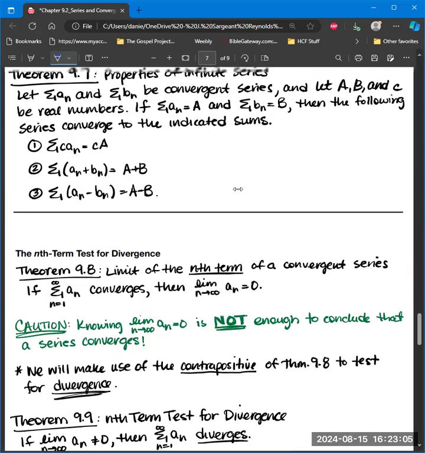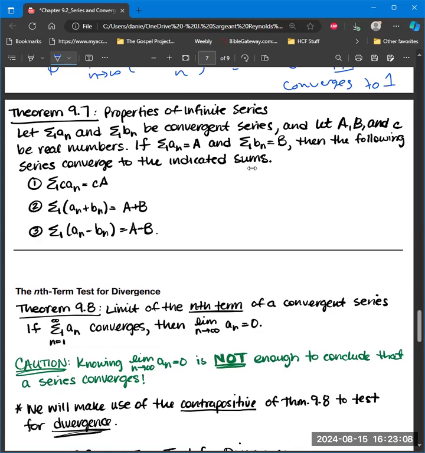All right, let's look at some properties of infinite series. If the series a sub n and the series b sub n are convergent series, with capital A and capital B, and lowercase c is a real number, such that the series a sub n converges to A and the series b sub n converges to B, then the following series converge to the indicated sums.